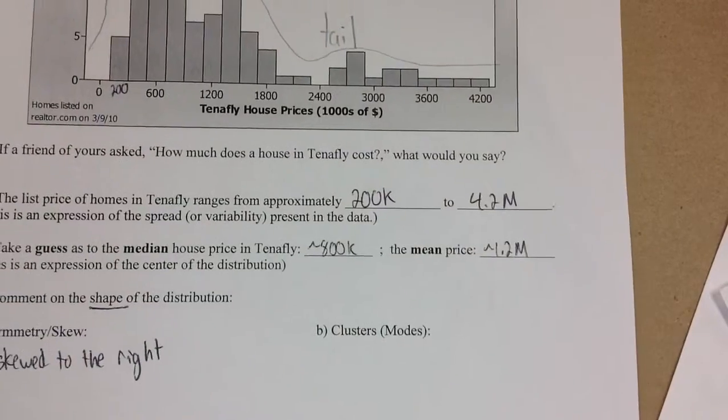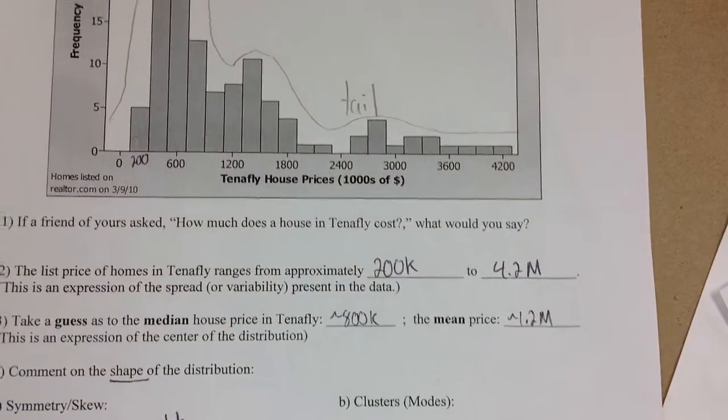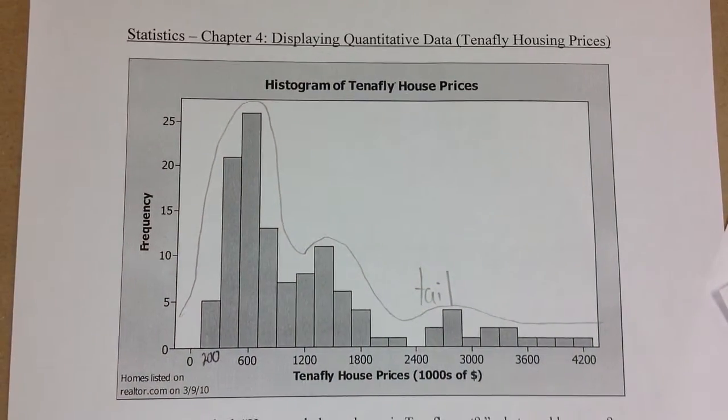Okay, now, clusters or modes. Laura, what did you say? I said unimodal, because there's one big dip, and then the second dip is not as relevant. Okay. Yeah, I think that's reasonable. Any others regarding modes?